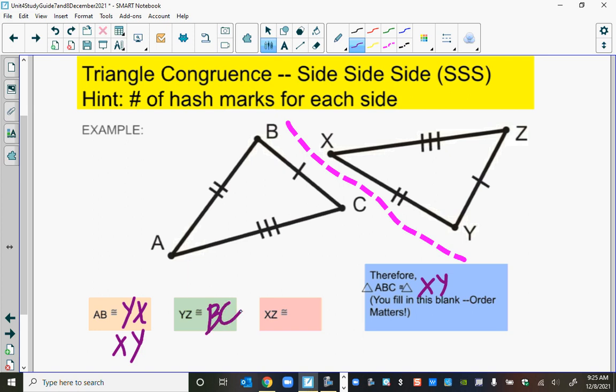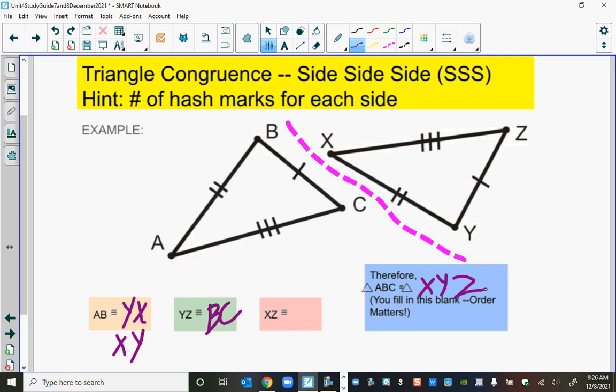Now here's what's going to happen. Since B and Y matched up, Z and C are going to have to match up as well. Then of course, that's how you're going to fill in your triangle congruence. So there may be a problem where you may have to fill in the triangle congruence. Sort of like on that homework that we had where I gave you 2 triangles.